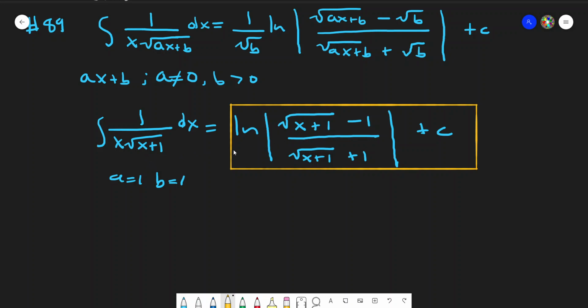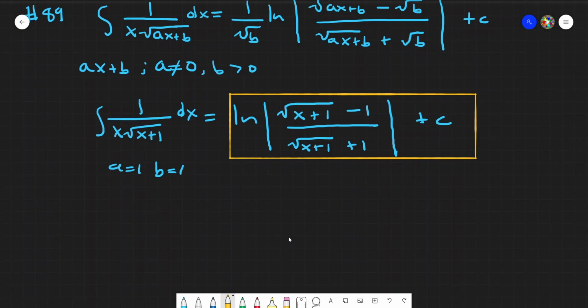So this is kind of a fun exercise, whether you use partial fraction decomposition or the formulas.